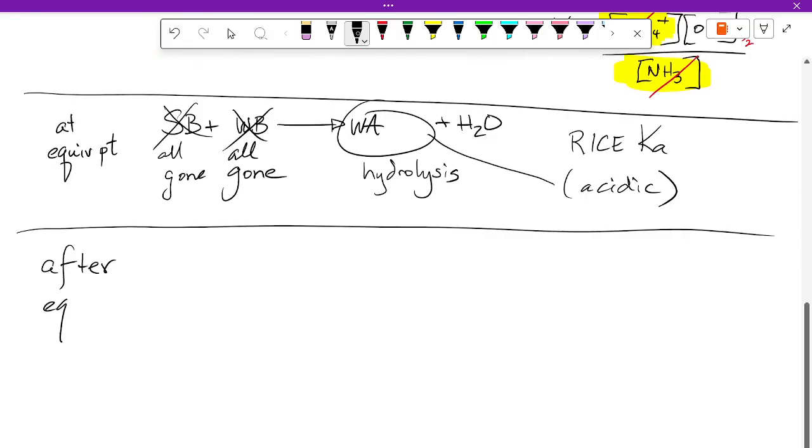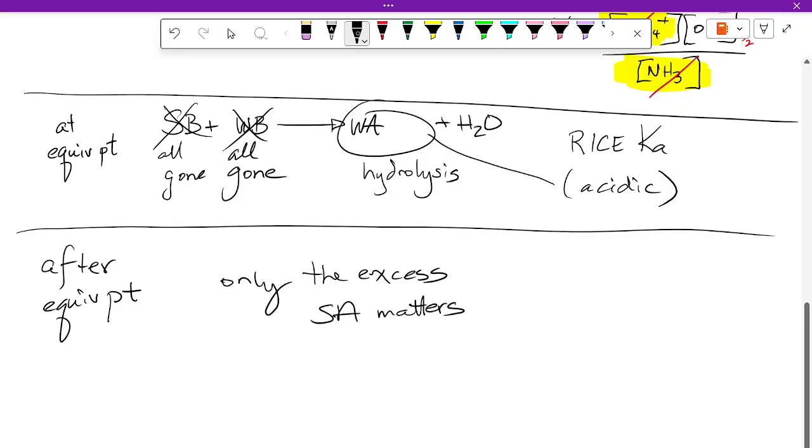After the equivalence point, only the excess strong acid matters.